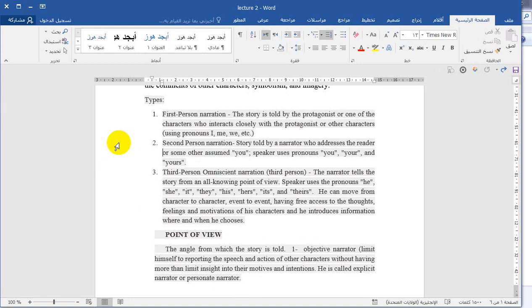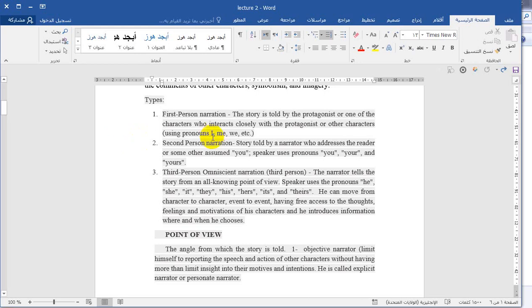He gives you the news, but does he impose his own view? Does this narrator have his own point of view, or does he only convey the information as it is in the story? This is the point of view.